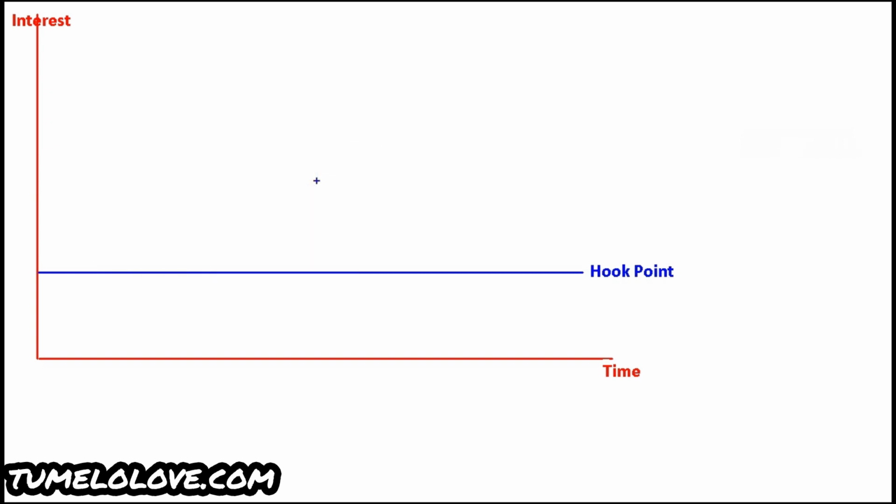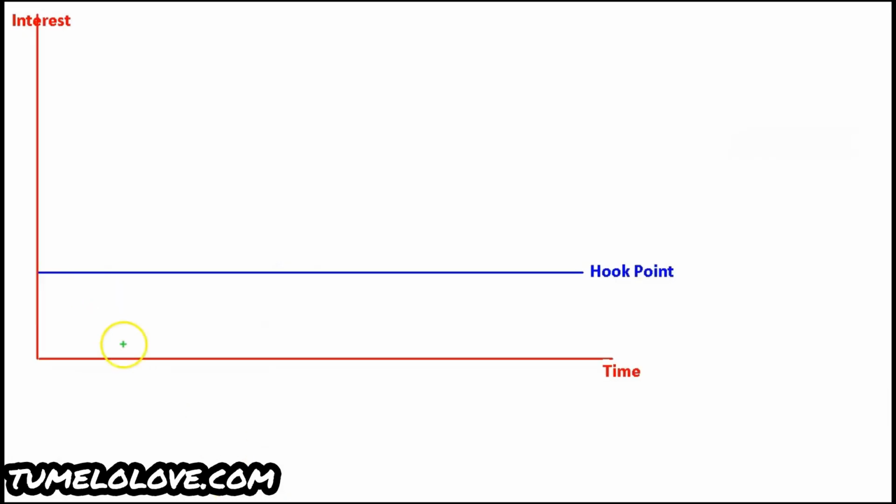So basically your goal in the interaction, when you open the girl, is you want to get past this hook point. You've opened the interaction and you want to get to the point in the interaction where she wants you to stay more than she wants you to leave, or where she is more interested to have you in the interaction, okay. And you do that by spiking her emotions, okay.